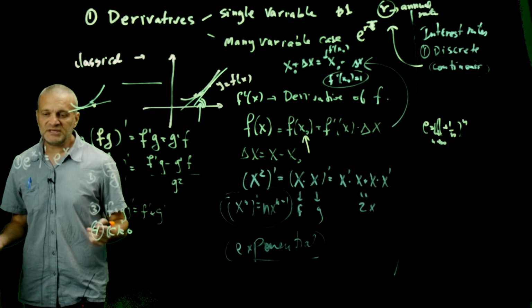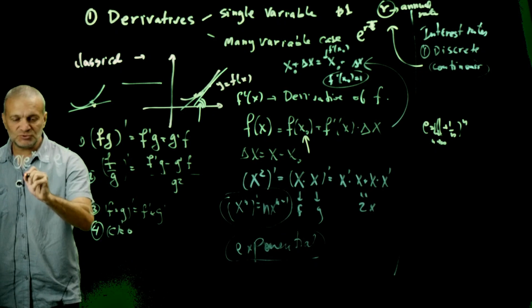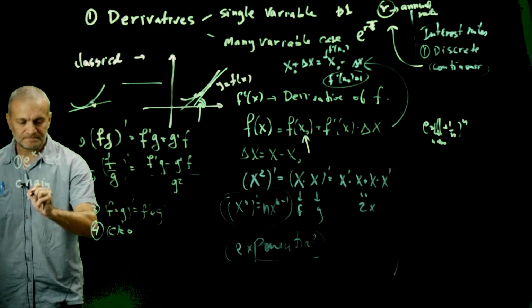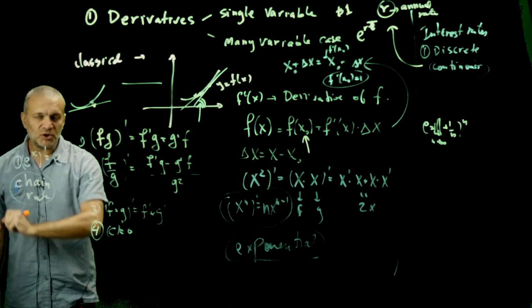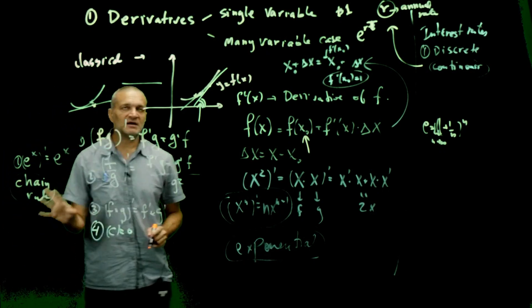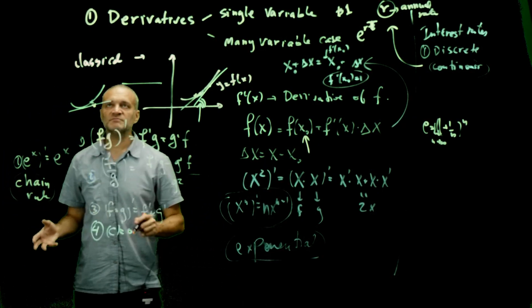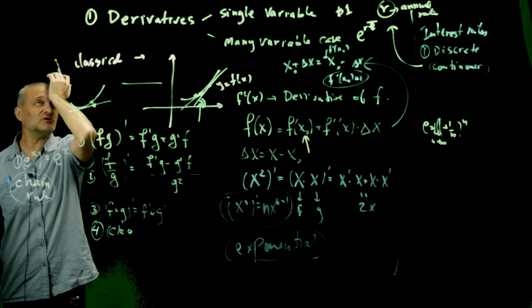Well, what you do here is you use something which is called the chain rule. And this is the most important rule that you have in calculating derivatives. What does the chain rule mean? The chain rule is as follows.